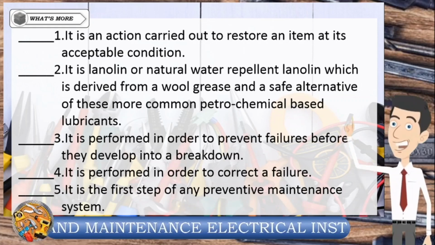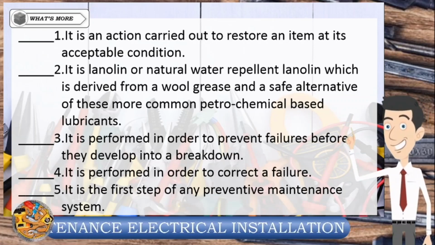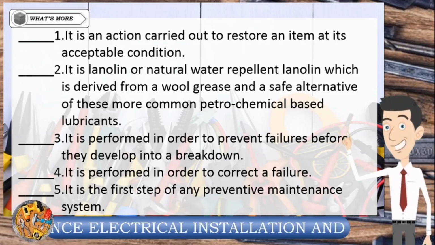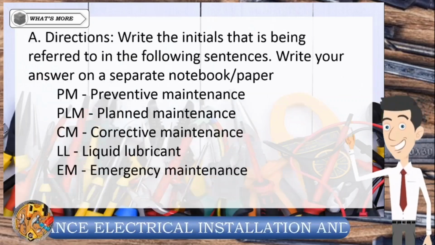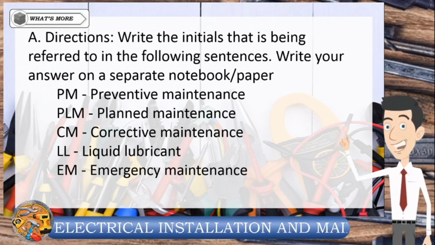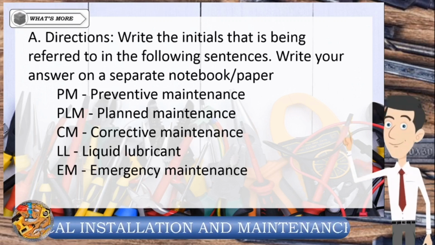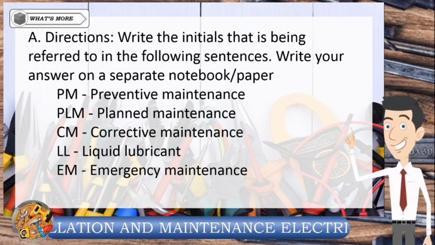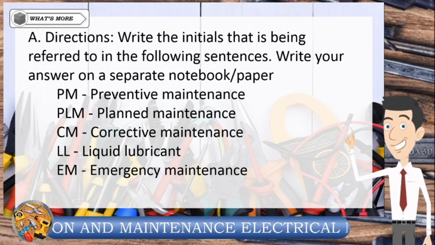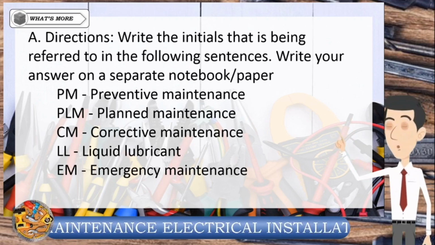Number 4, it is performed in order to correct a failure. It is the first step of any preventive maintenance system for number 5. Again, write the initial that is being referred to in the following sentence. Write PM, write PLM, write CM, write LL, write EM.